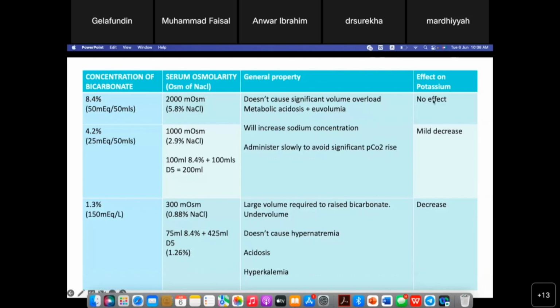So you basically have no significant effect on the potassium in that patient. But because of the lesser hypertonicity of the 4.2%, it causes only a mild decrease in the potassium level. So if people say you give 8.4 to treat hyperkalemia, that is actually wrong. It is better to use isotonic bicarb if you want to treat the hyperkalemia of the patient.